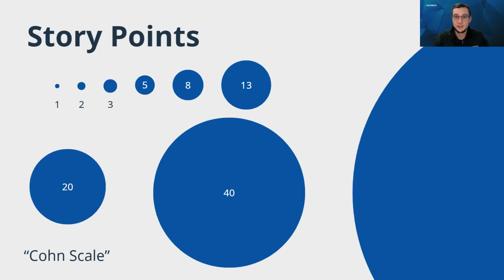It allows us to have that flexibility, knowing that our estimation is not going to be perfect, and we're trying to relatively size how big something is compared to the others. We'd also recommend that in the very first stages of estimation in a project, you should really be between 8 and 40. The 1, 2, 3, and 5, that's what you're going to need when you're in the sprints working on the work. We don't want large things there, so we can keep progress moving for what the project is going to be.